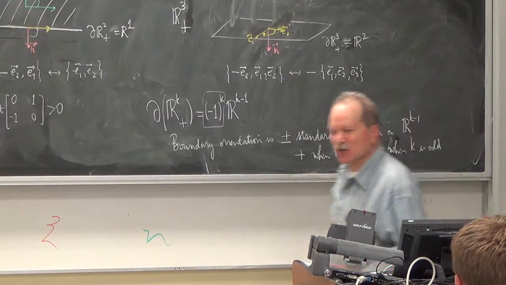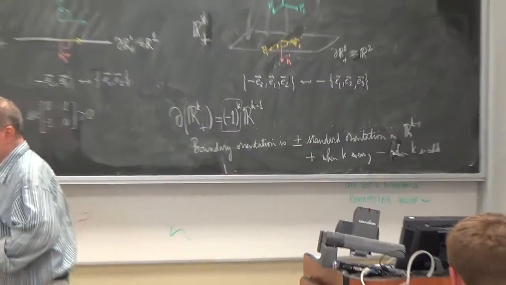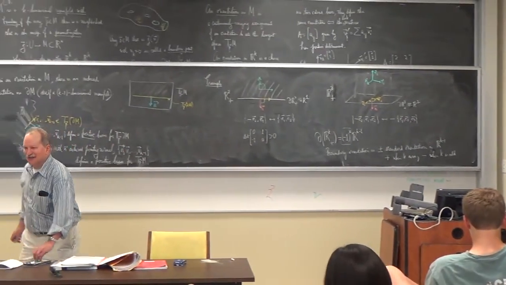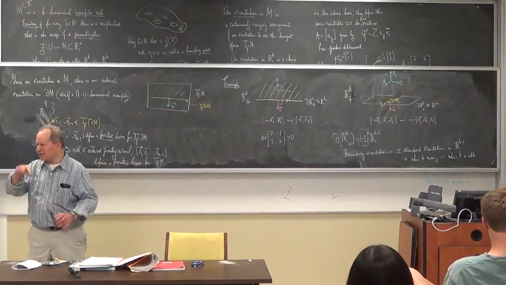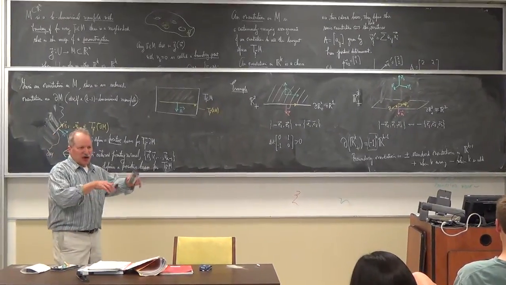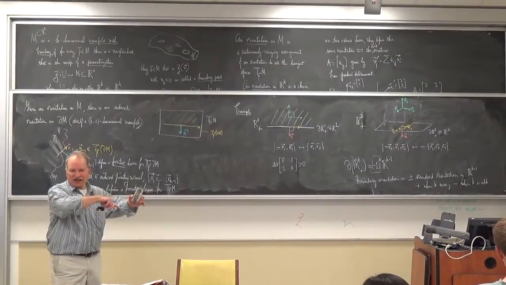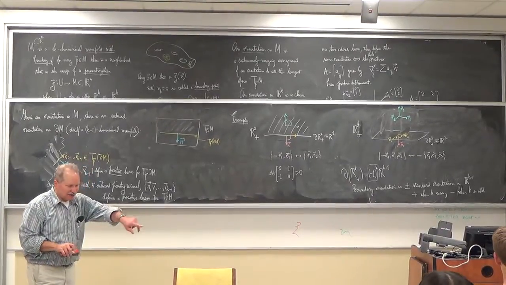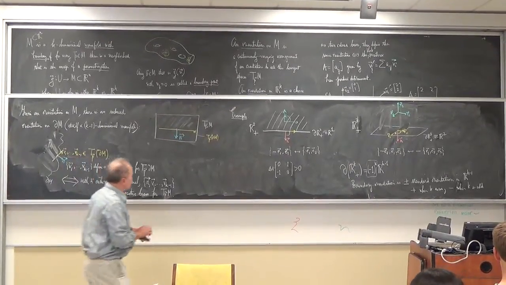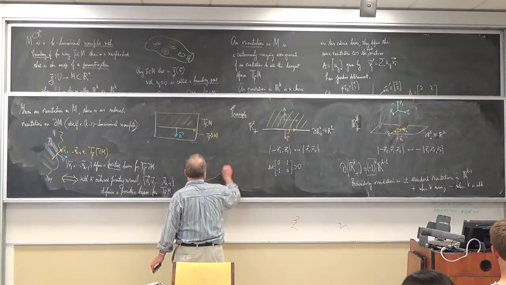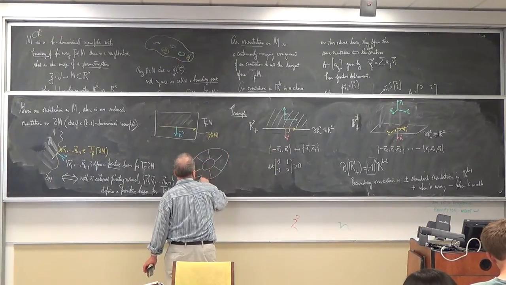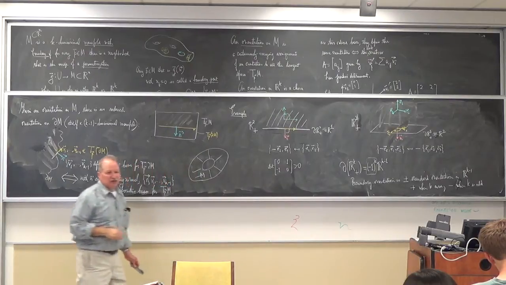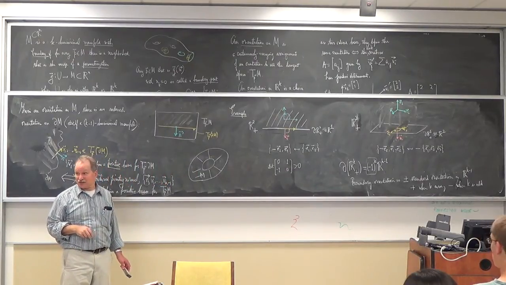Guess what? This is where my crazy walk with the region on your left came from. Remember when we talked about Green's theorem? We said the way you orient the boundary curves is you make sure that as you walk, the region is to your left. That's consistent with this. Suppose this is your oriented surface with boundary.